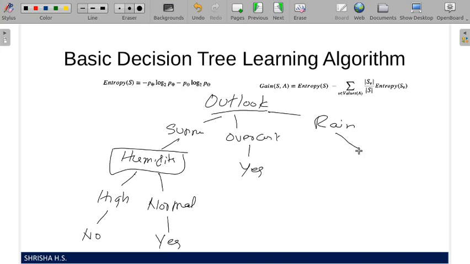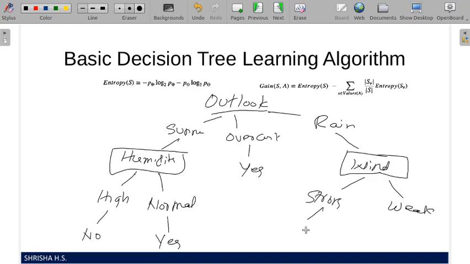So when outlook was rain, our newly found attribute is wind. Wind has two values, one strong and another weak. When outlook is rain and wind is strong, if we observe this combination in the table, all classification is no. When outlook is rain and wind is weak, all classification in our data set is yes.